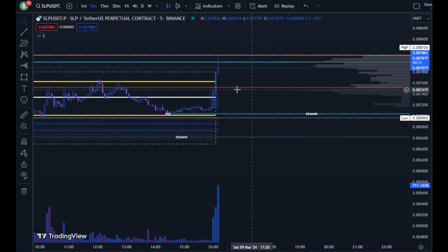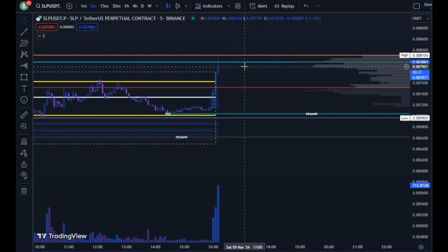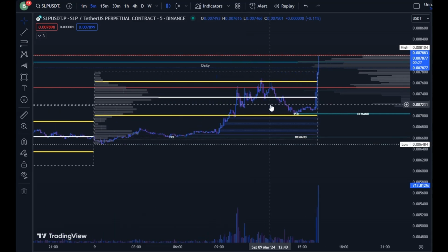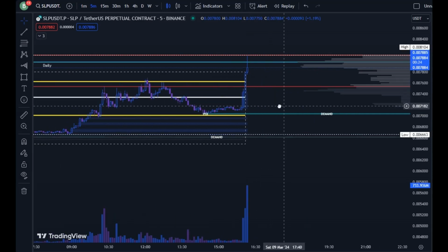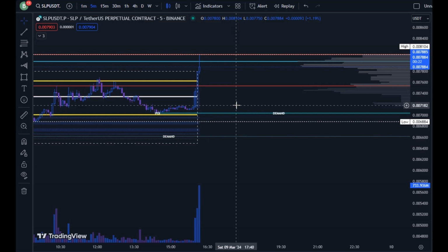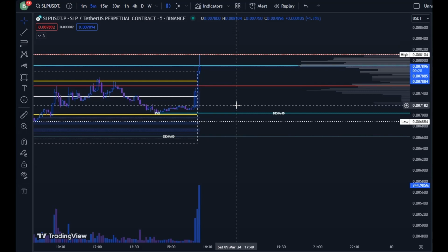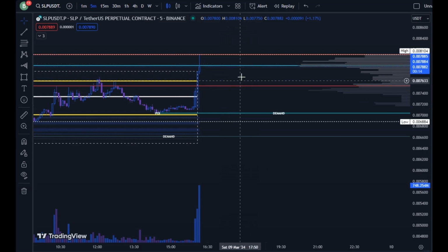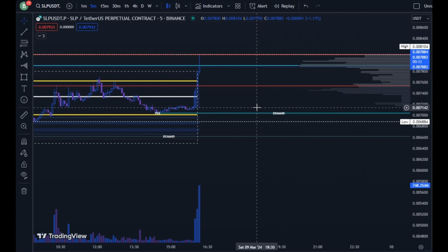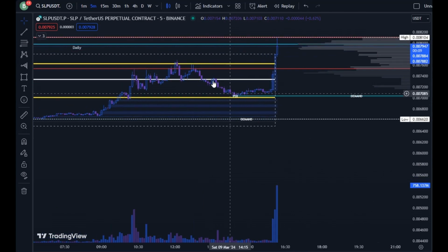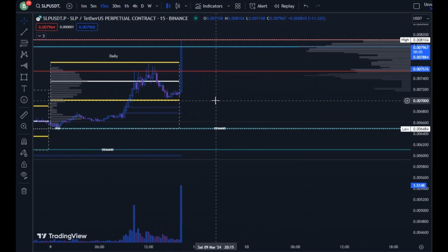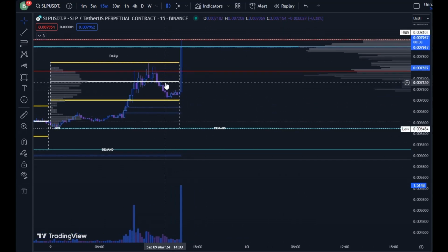Value area lows here now. On the anchored, point of controls here. You see how the point of control moves with price on the anchored. That's why I like to use the session volume profile. It's a lot better because you know where the point of control is.